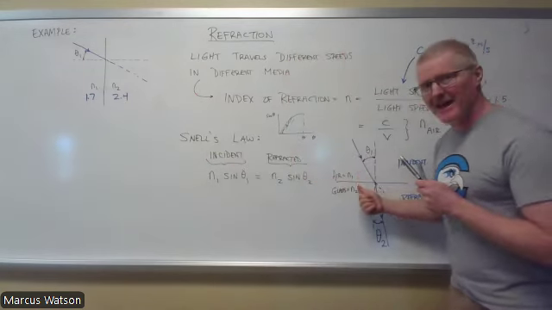So suppose this is N1 again, 1.7. I'm going to call it N3 though, because this is the third material in line. But suppose that N3 is equal to N1. What happens to the path of the light?